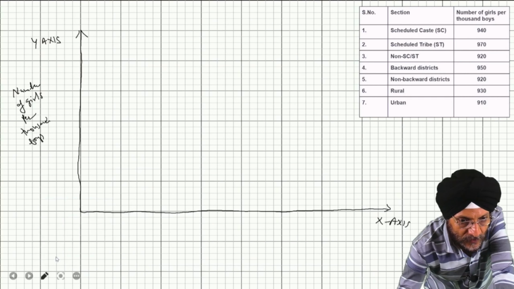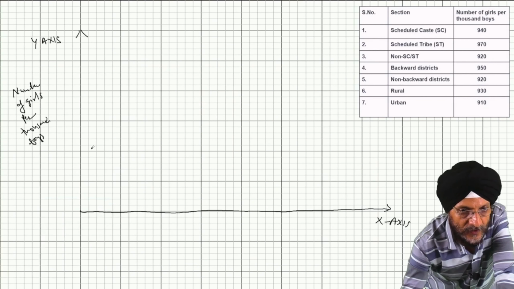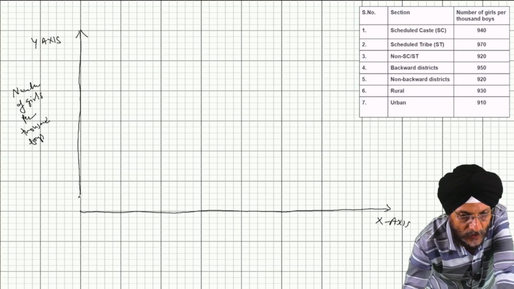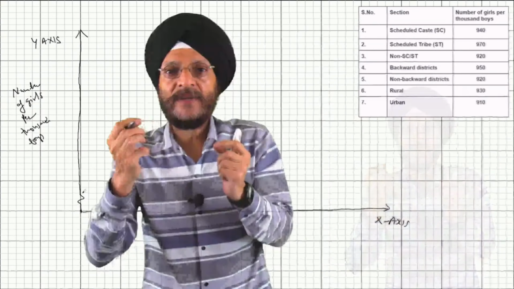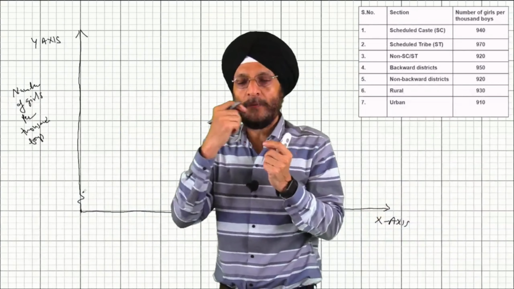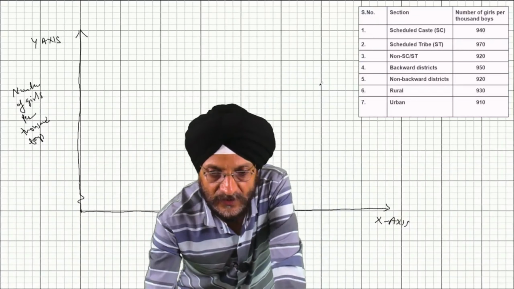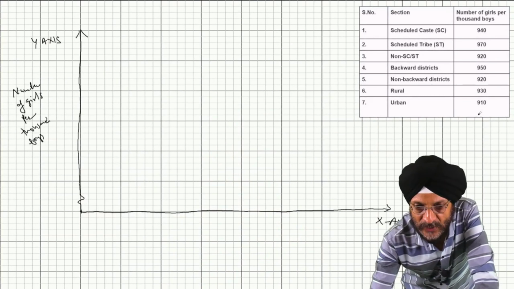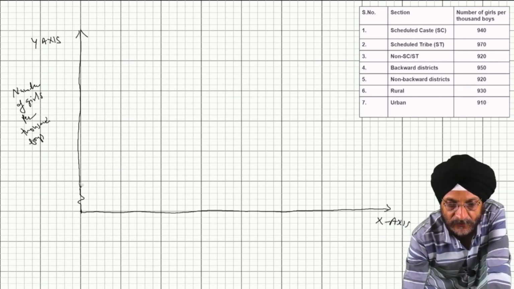Here we have forgotten one thing: when we draw the y-axis, we have to add a kink here. Why this kink? Just like there is a kink in the thermometer used for measuring temperature when we are sick, in the same way, here is a kink. Why this kink? Because the information given in the table, the lowest is 910. So we will have to start from 910.